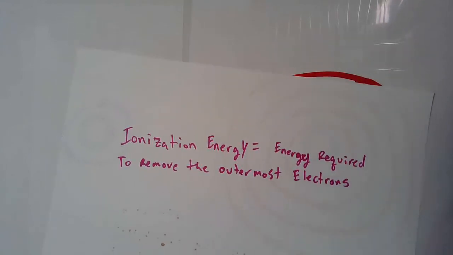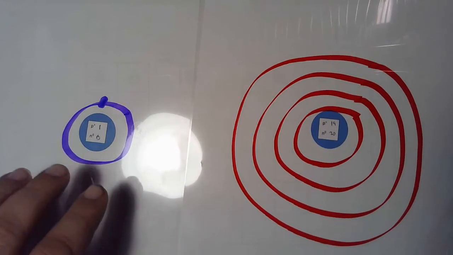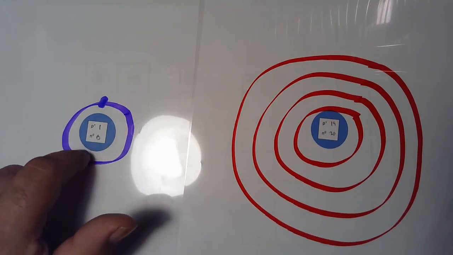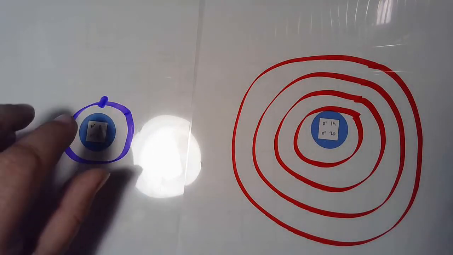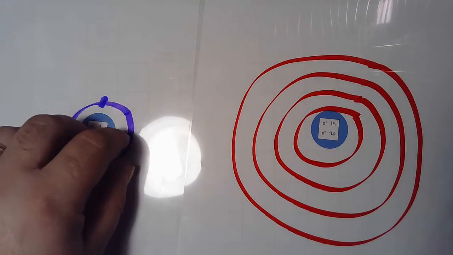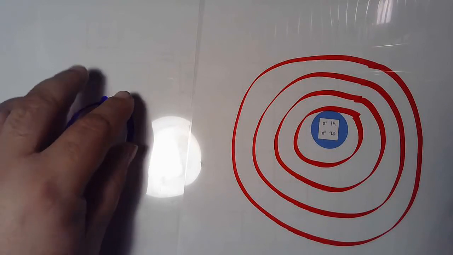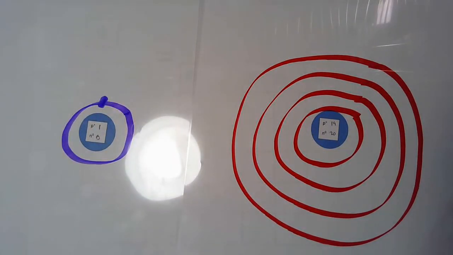So what you should notice is that if I'm really close to the nucleus, my nucleus can exert more force over the electron. If it's exerting more force over the electron, it would take more energy to take it away. So the higher the electronegativity, the higher the ionization energy would be.